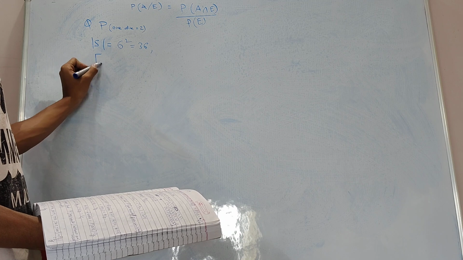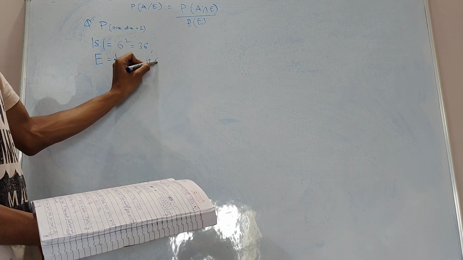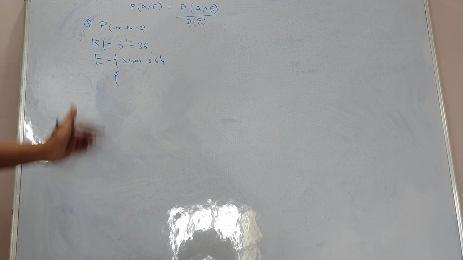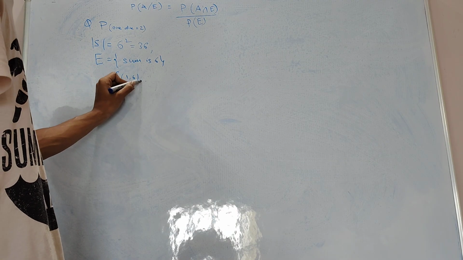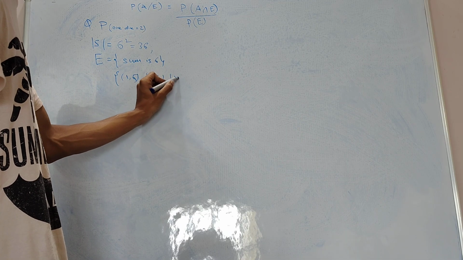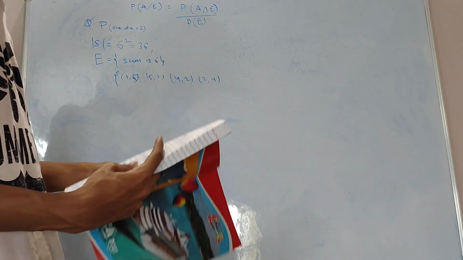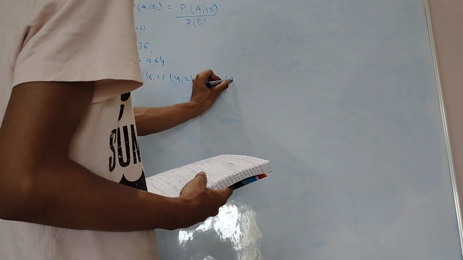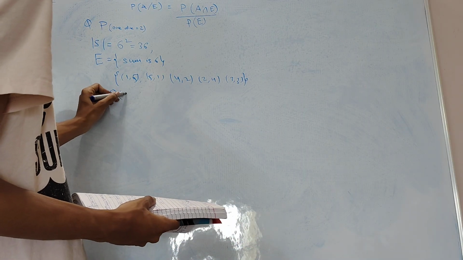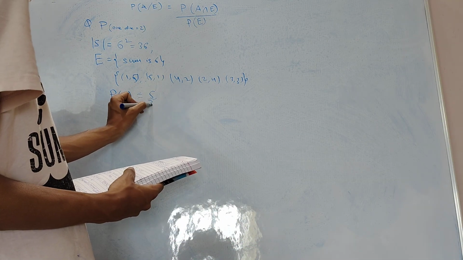And event in which sum is 6 will be, I am writing the sample space, 1, 5, 5, 1, 4, 2 and 2, 4, right, and 3, 3. So probability of this event is number of sample space 5 by 36.